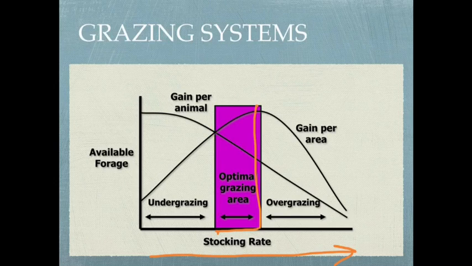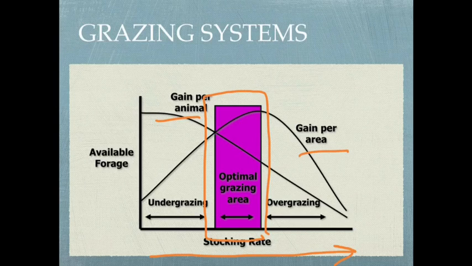However, if we cross over and start going to where our stocking rate is too high, we're going to see a decrease in this gain per area. We're also going to see the gain per animal drop drastically. This is where we get into overgrazing and can cause damage to our pastures. So as livestock producers, we are wanting to be in this middle optimal range that balances gain per animal and the gain per unit of land area. That's what a good grazing system is going to do.